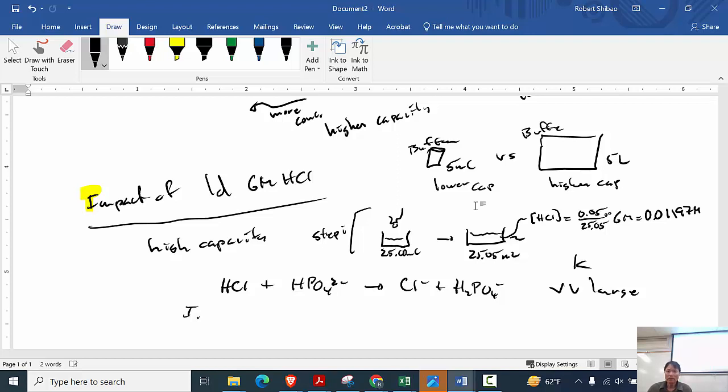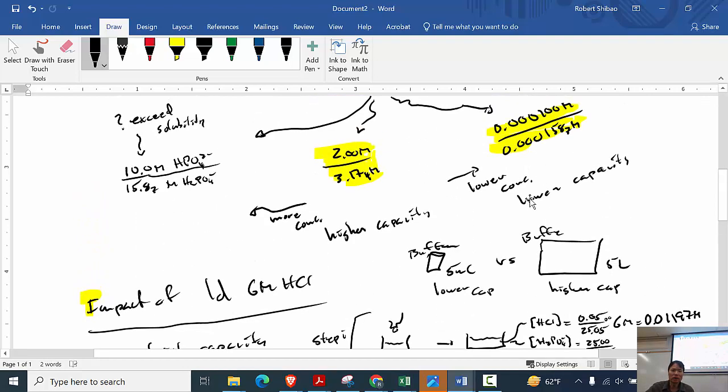Now we have to calculate the concentration of the buffer components. The acid component is H2PO4 minus. What's the dilution factor? The dilution factor is a 25.00 over 25.05 dilution, and the molarity that we decided to use was 3.174 molar.